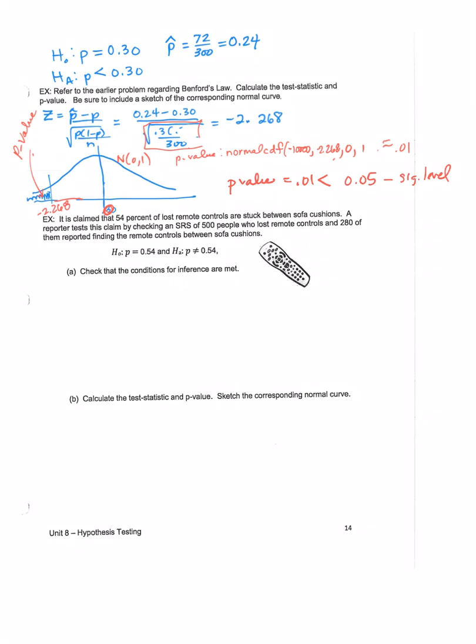So what do we do? If the p is low, this would have us reject H naught, meaning there is significant evidence to support HA, right?